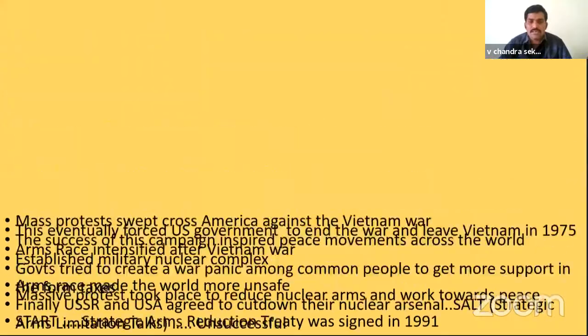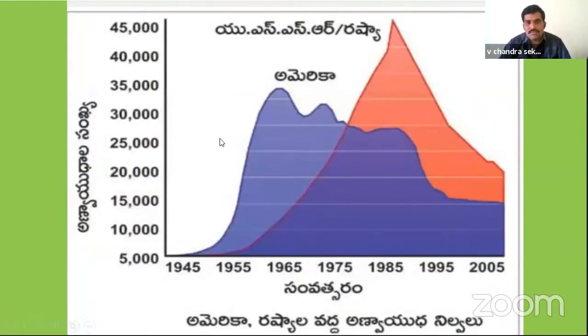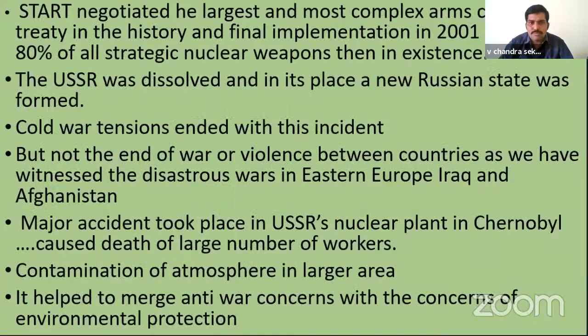If you observe this picture, we can understand the arms race between America and USSR. Up to 2005, we can see how the number of weapons increased, and how drastically America funded the production of new weapons.